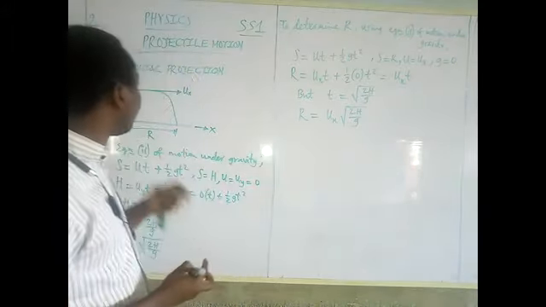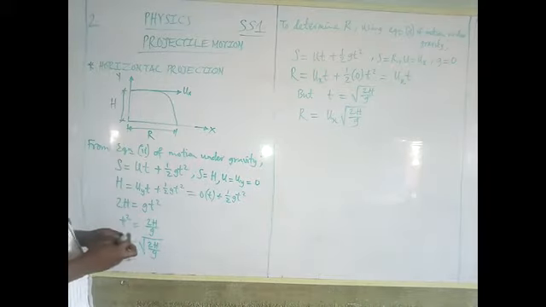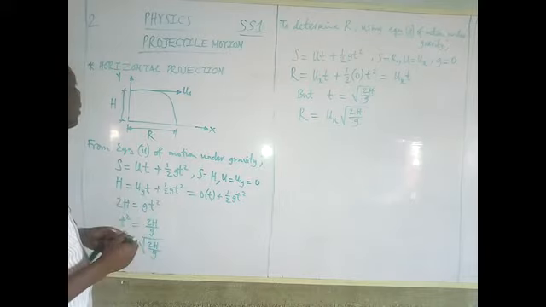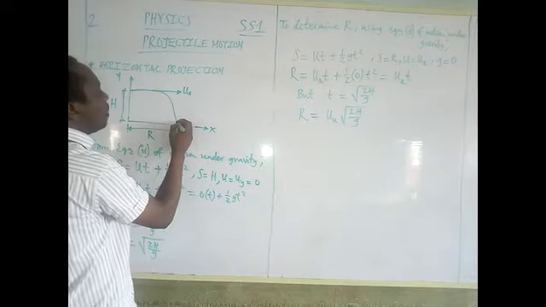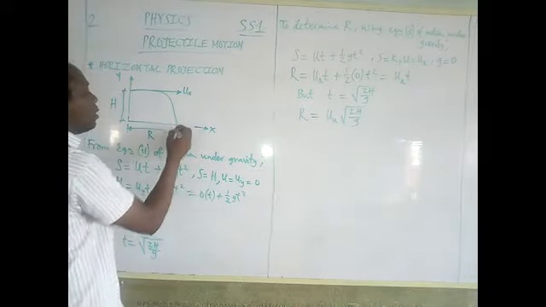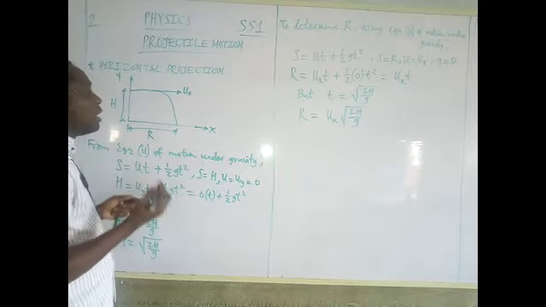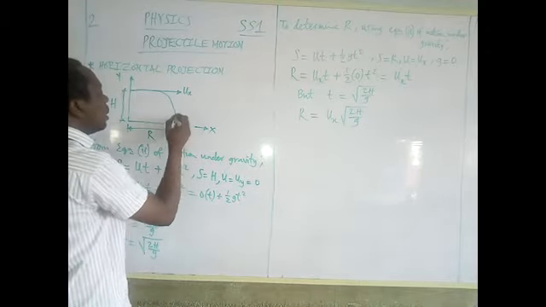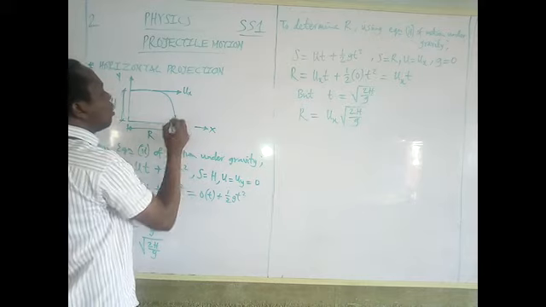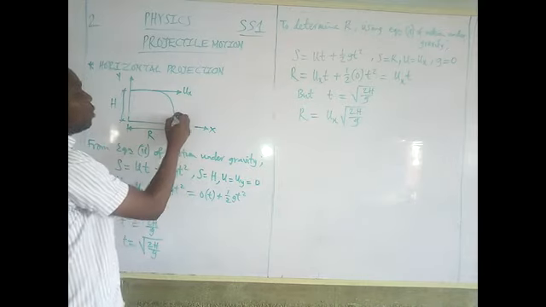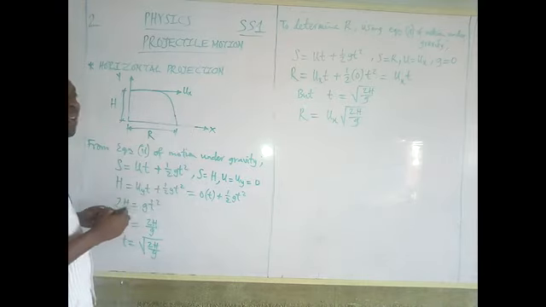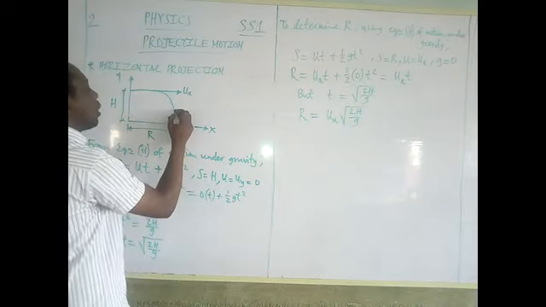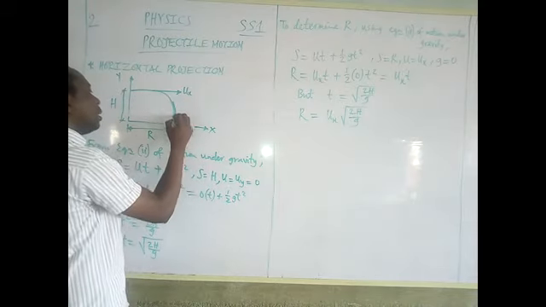Take note of that. Aside from these two, we may also have an instance where we are asked to determine the velocity with which the body strikes the ground. Or the question may say just before the body strikes the ground. Let's say somewhere around there, we are asked to determine the velocity. When you have a point and you want to determine velocity, then it is important for us to draw a tangent to that point.